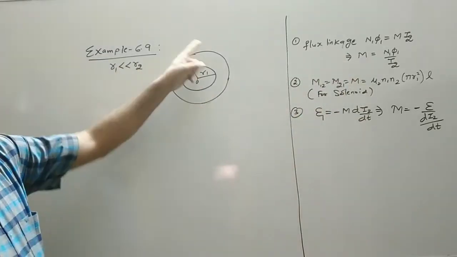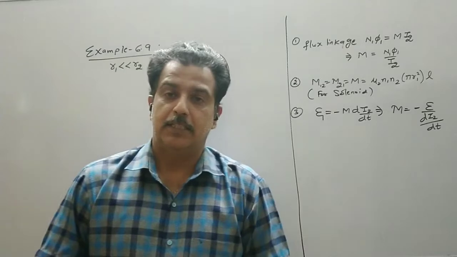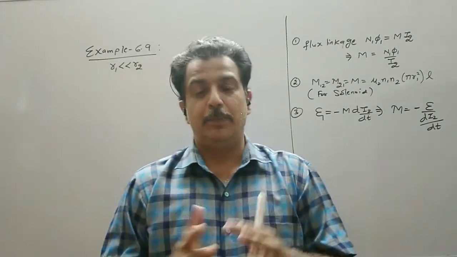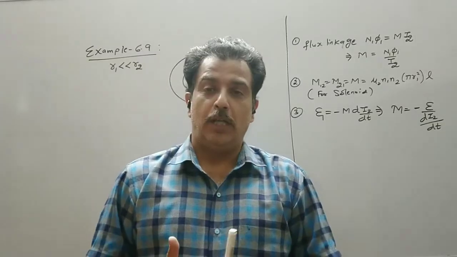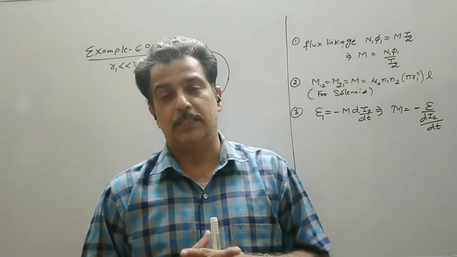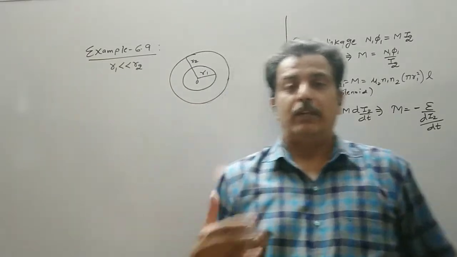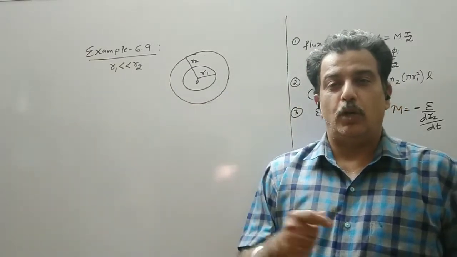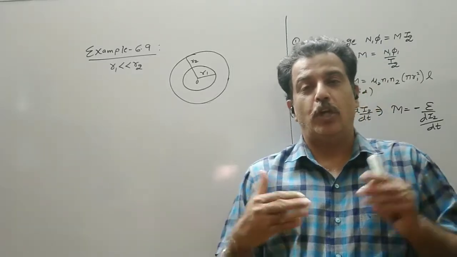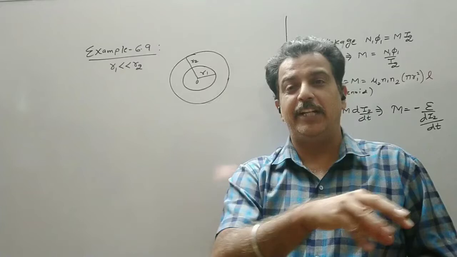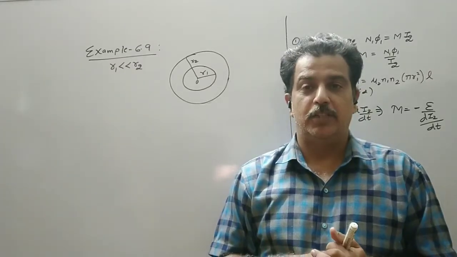Now we have a system of two coils, and as we discussed in the last lecture, it is a better option to pass a current through the outer coil. When we pass a current through a coil or solenoid having larger dimension, the inner coil or inner solenoid is completely immersed in it, so there is no variation in the flux linkage.